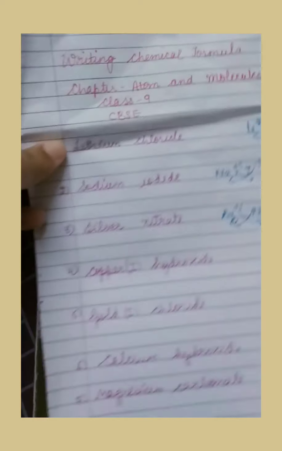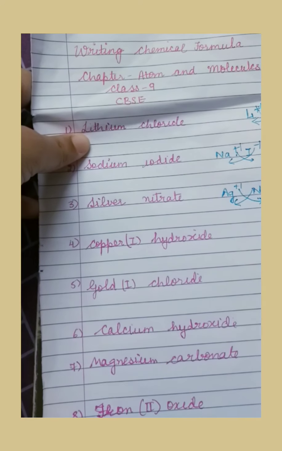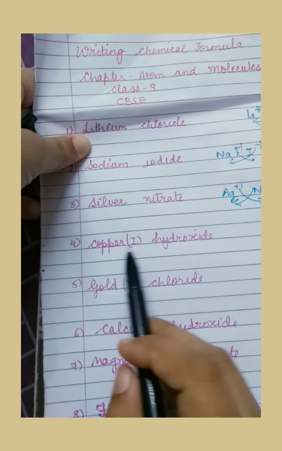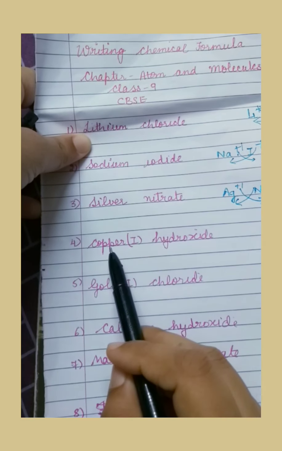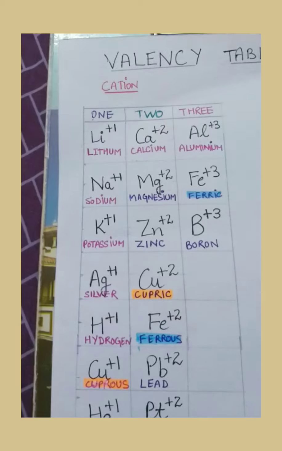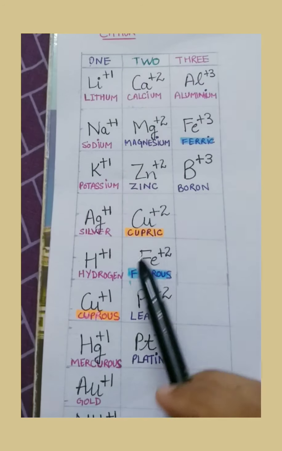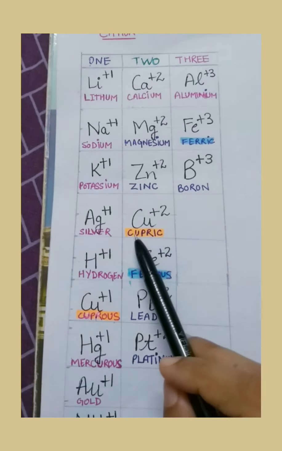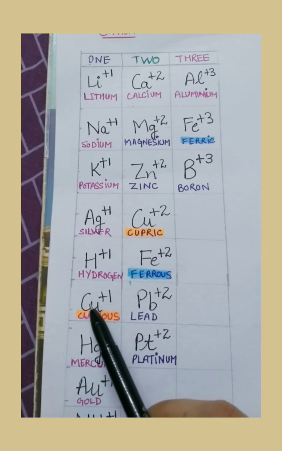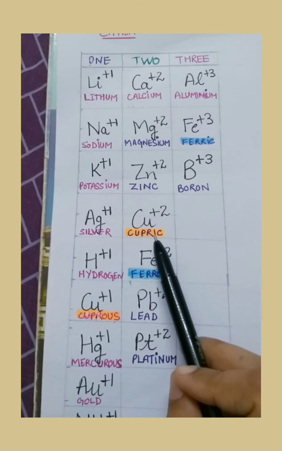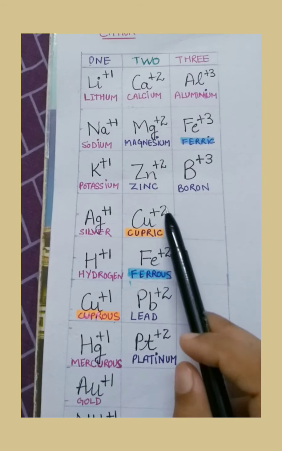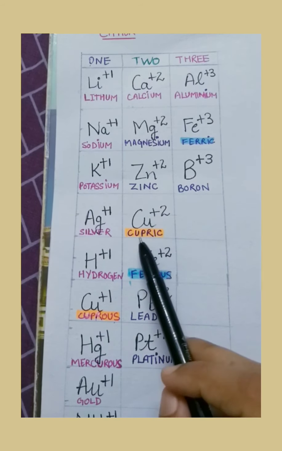Okay, now we come to the next formula, copper hydroxide. See, it's written copper with bracket 1 for hydroxide. This Roman number is there because I have told you in the previous video that copper has two valencies. One is cuprous, the other is cupric. Cuprous means the valency of copper is plus 1. Cupric, I have told you, the ic ending means higher valency, so the valency for cupric is plus 2.